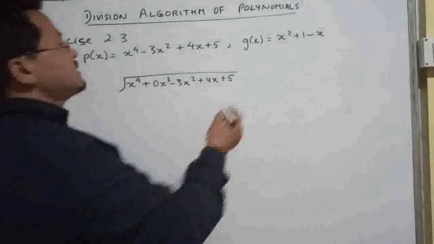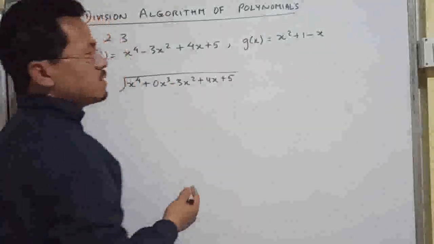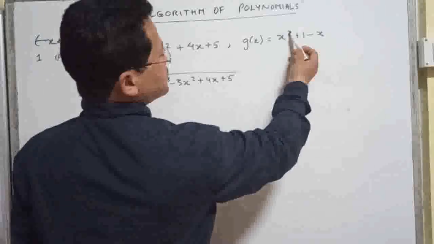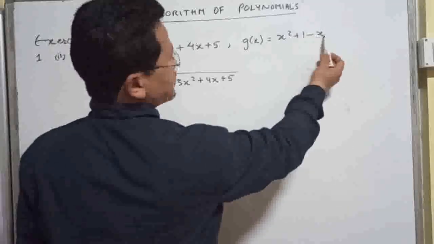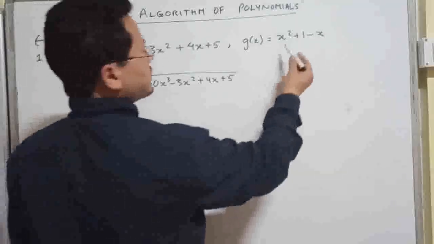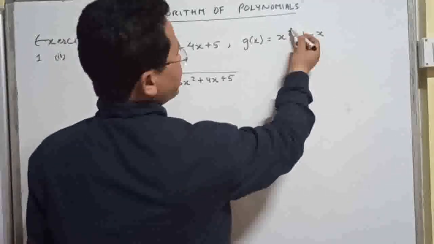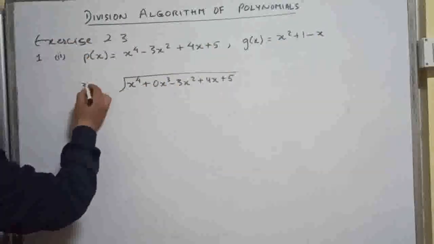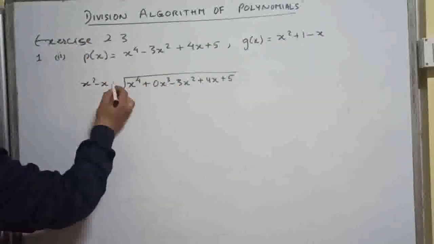Now this is the divisor. Here again we need to rearrange, because we get x power 2 plus 1 minus x, which is not in order. So we'll arrange this, that is x square minus x plus 1.